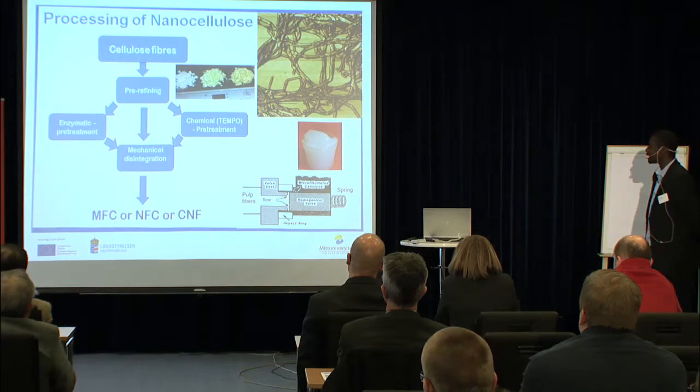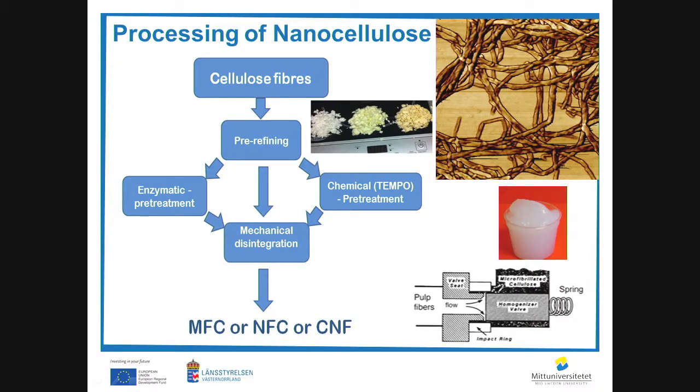Either you go through the enzymatic method or TEMPO, or you just do fractionation or pre-refining, and you do the mechanical treatment with high pressure. We could also see an AFM image here showing the fibrous structure, and this is a picture from Innventia, and this is a schematic picture also showing the process.